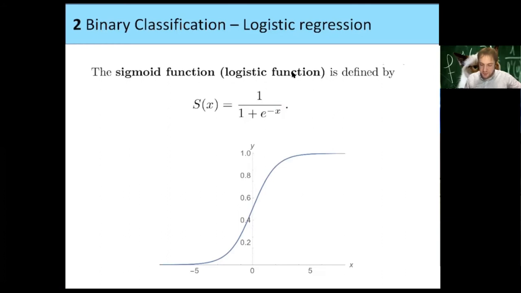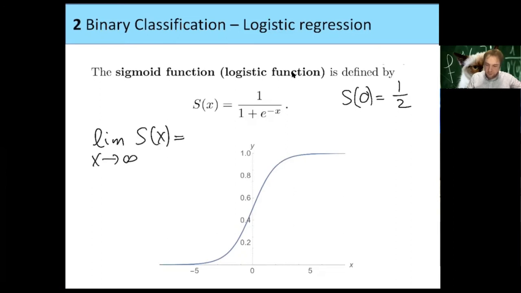So what properties does this function have? You can see a plot here. For example, at x equals 0, if I plug in a 0 here, then e to the 0 is 1, and therefore this is 1/2. So one property is that s of 0 is 1/2. What happens for big x? If x goes to infinity, s of x, well, this is calculus 1.